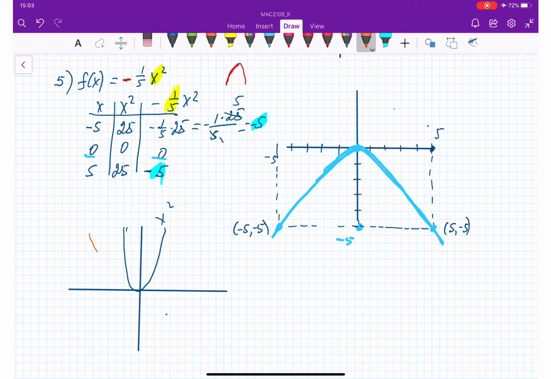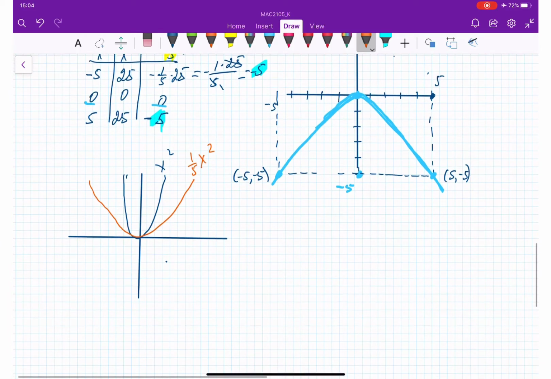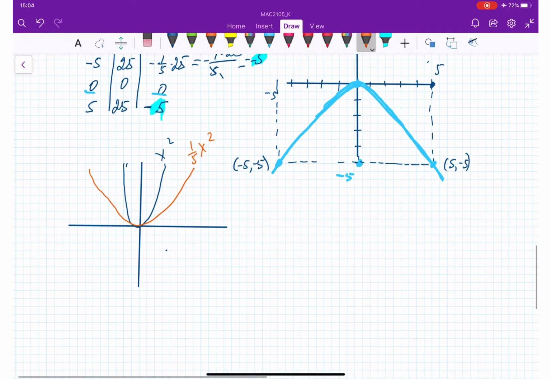It's going to stretch approximately, I'm drawing now. So it's going to be 1/5 of x squared. And because I have negative, I'm going to flip down, which means I'm going to reflect across the x-axis. And this is how, which it's going to be symmetric to this 1/5, but it will go down.